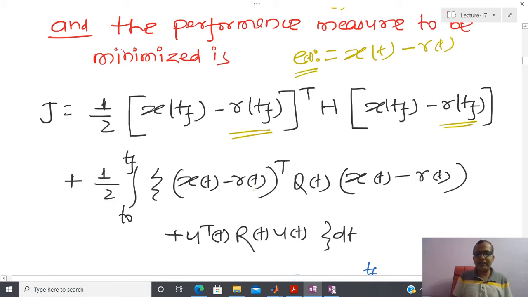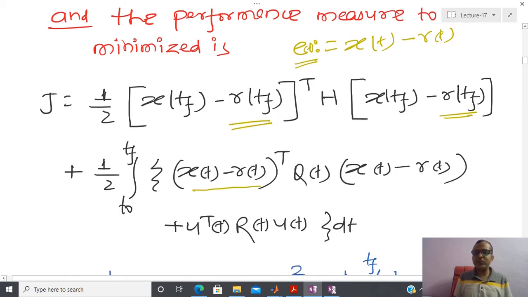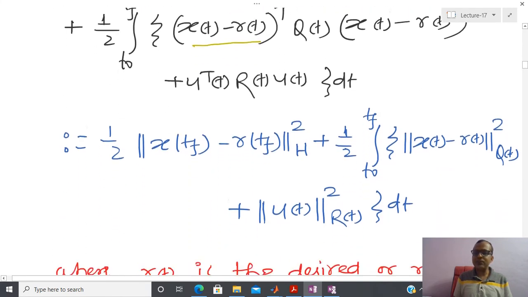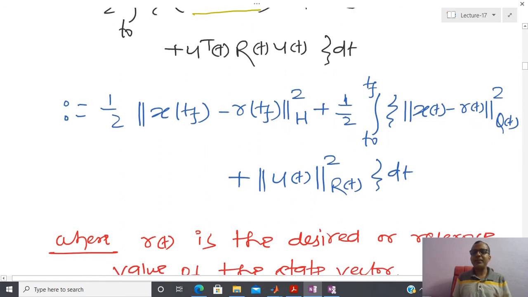In the previous class I just took x(t) transpose Q(t) x(t). In today's class I am just going to substitute the error here, and if the reference is 0, then the performance measure remains the same. So if you understood the regulator problem, then the tracking problem is almost straightforward.